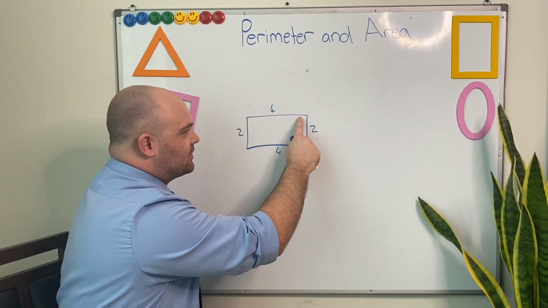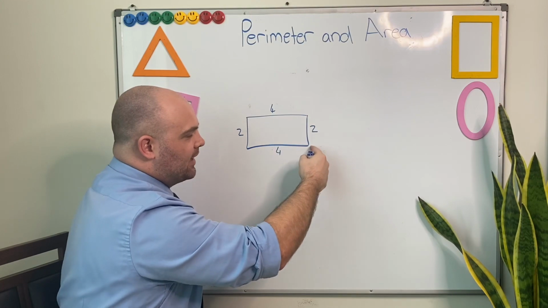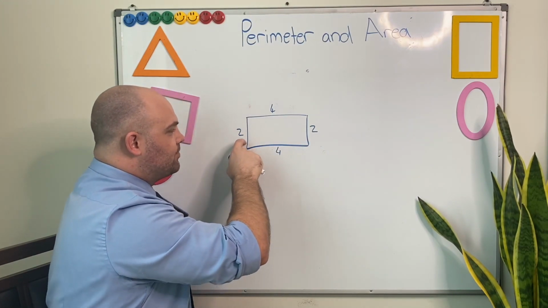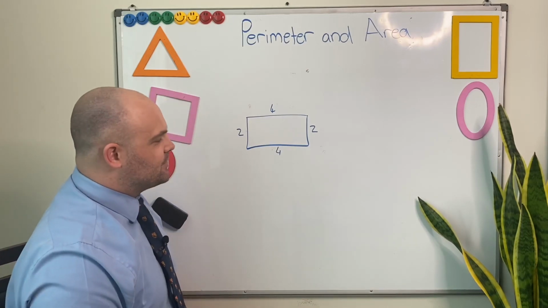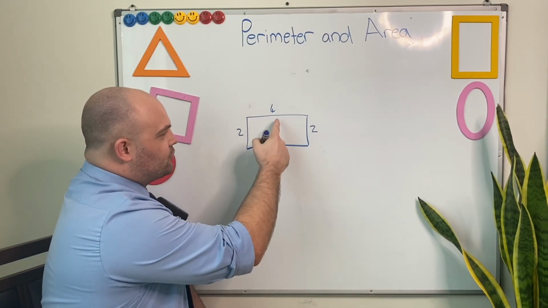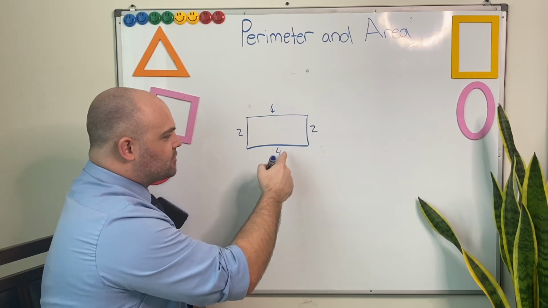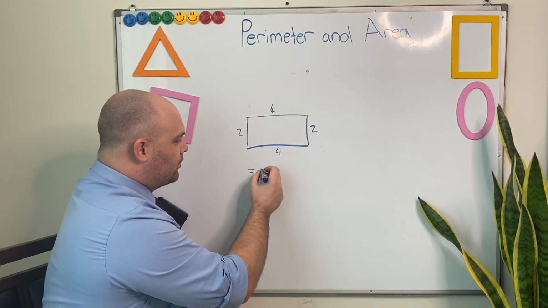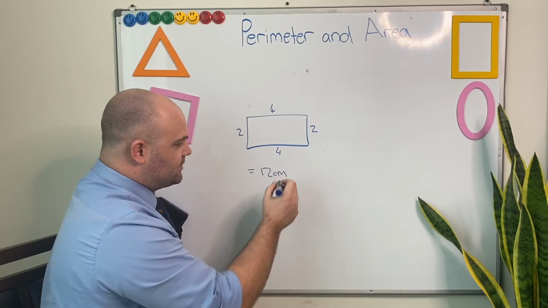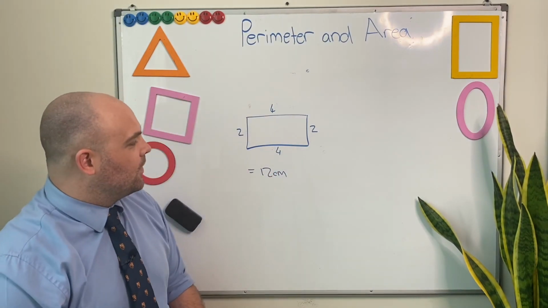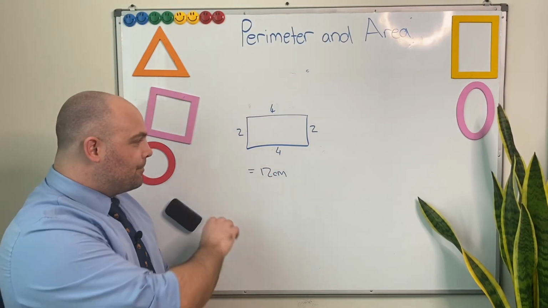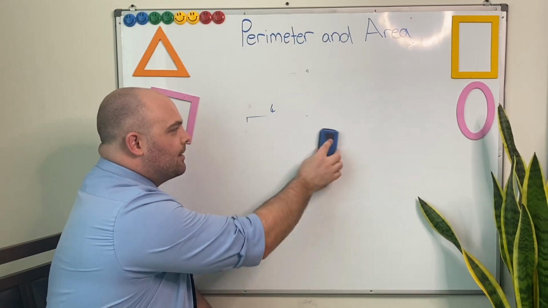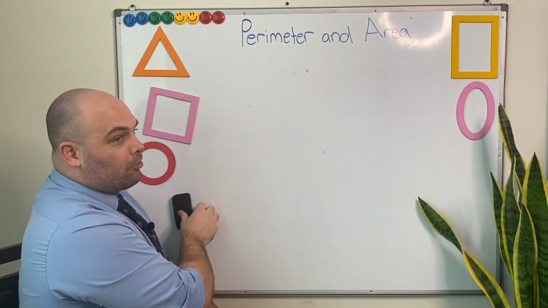So this length is 4 centimeters plus 2 centimeters plus 4 centimeters plus another 2 centimeters. So this will be equal to 4 plus 2 is 6. 4 plus 2 is another 6. 6 plus 6 is 12 centimeters.